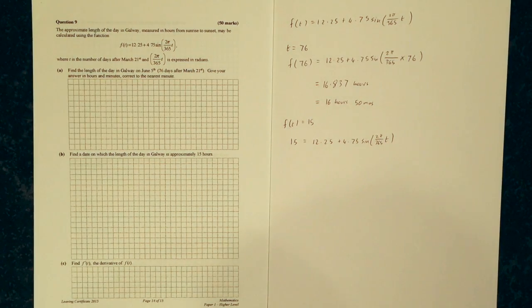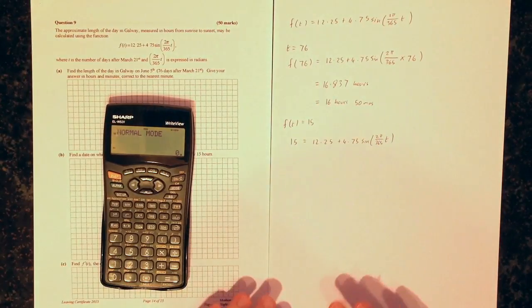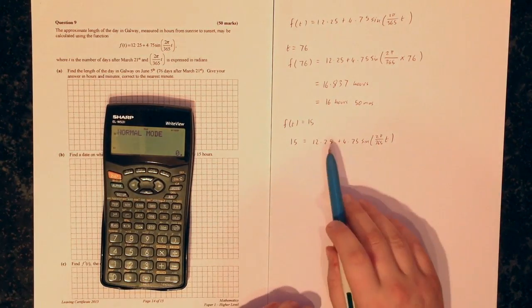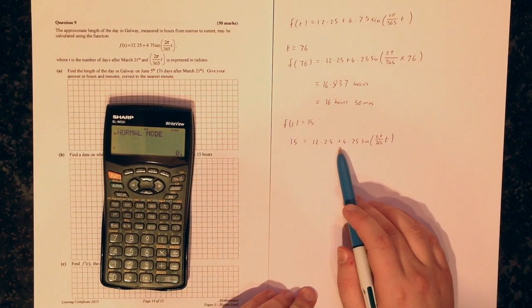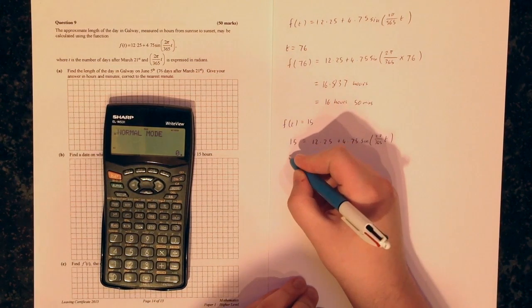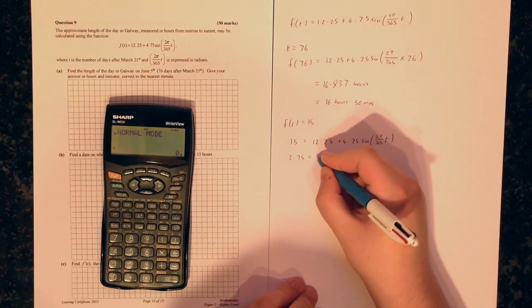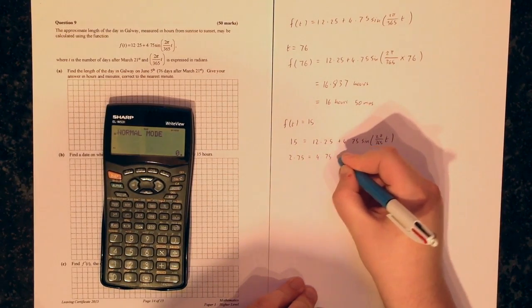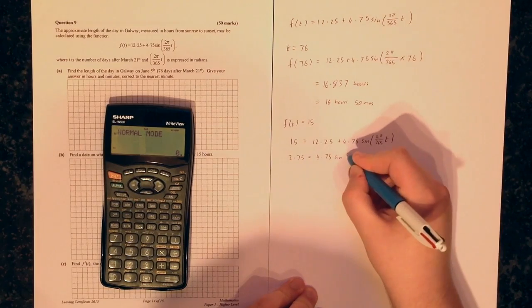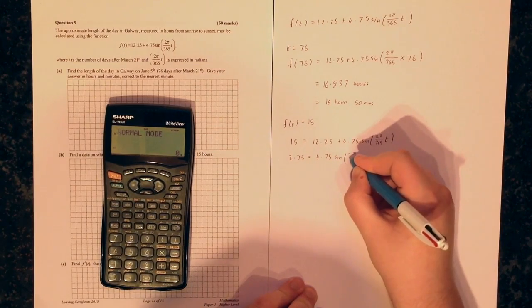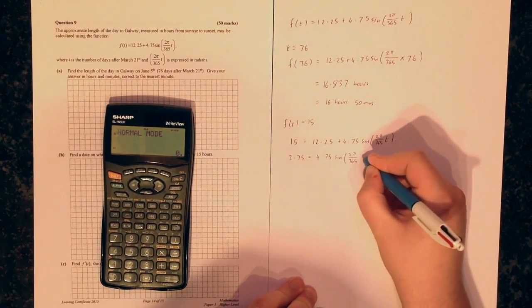Now all we have to do is solve this equation for t, and we'll have the number of days after March 21st when this happens. So the first thing we want to do is subtract 12.25 from both sides. So 15 minus 12.25 is 2.75, which is equal to 4.75 sine of 2 pi over 365 t.